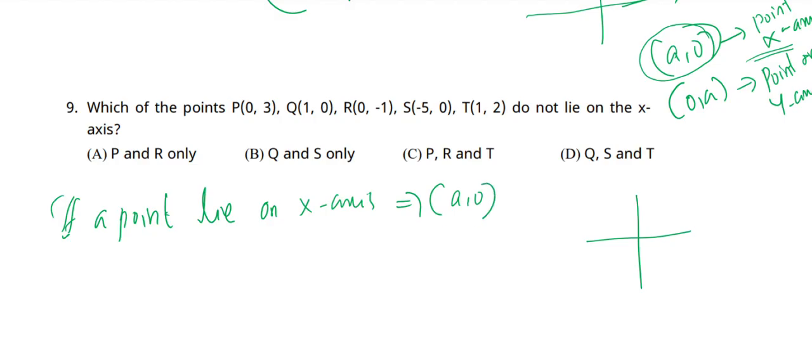Okay, so we have to avoid those points. So (1, 0) we have to avoid, then (-5, 0) we have to avoid.